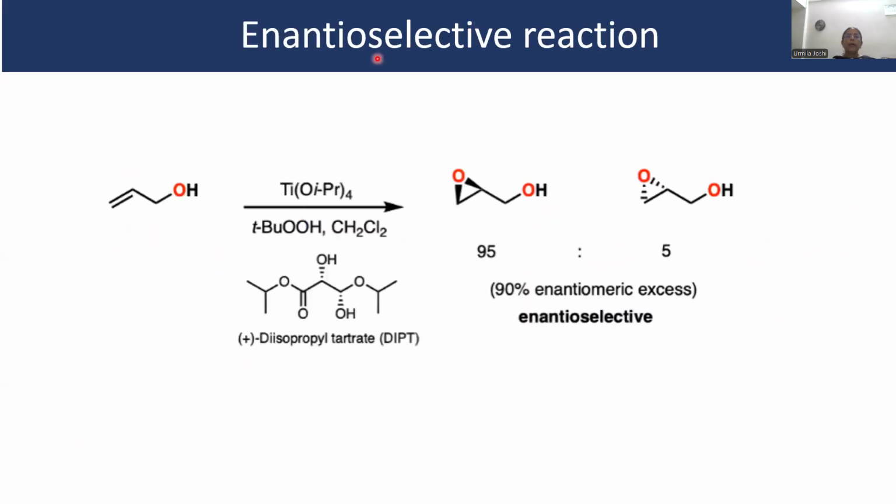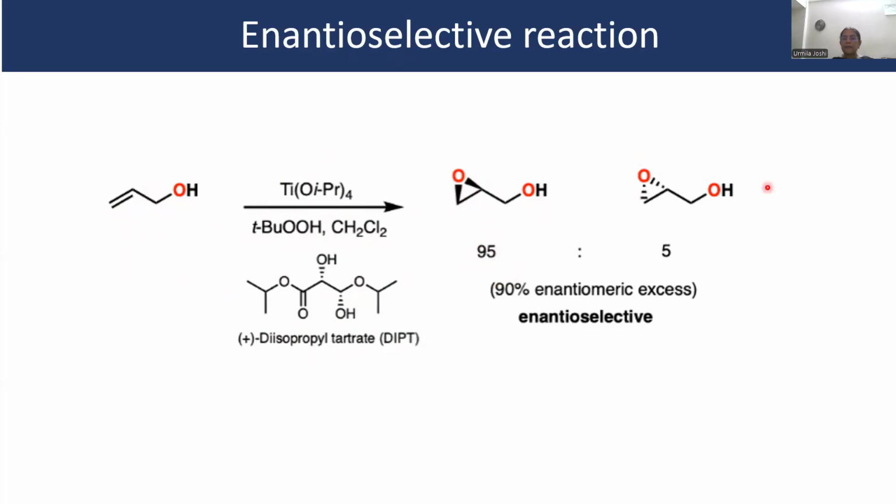Now, going to enantioselective reaction. Okay, look at this. Allyl alcohol. When allyl alcohol is treated with a peroxide in presence of a catalyst, what happens is this peroxide is formed in 95% amount.